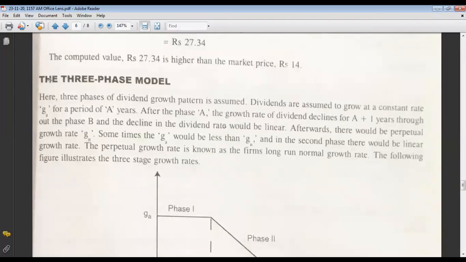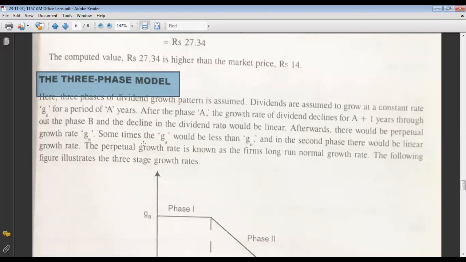So the three-phase model or the three-stage model is a model which is used in equity valuation for that particular company which has experienced three phases as far as growth is concerned. Now, when I say growth, it does not mean upward movement only. Growth can be downward movement also. A negative growth means a decline in your business, right?